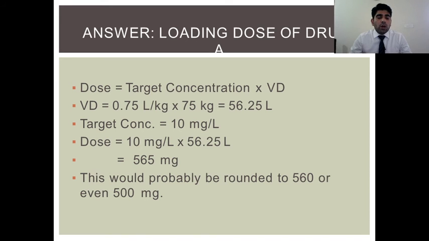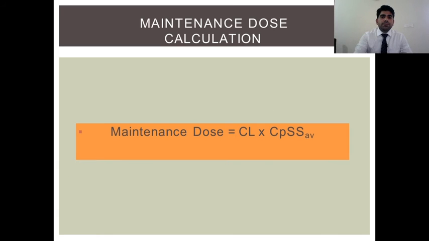So how can we calculate the dose? 10 multiplied by the total volume of distribution, 56.25, which will give you the answer: the loading dose will be 565 mg. So approximately near to that you can administer, that is 500 mg, to that patient.